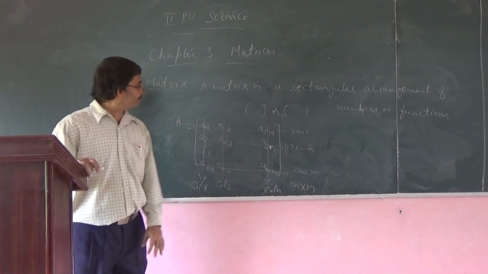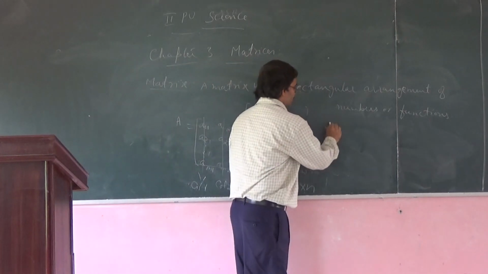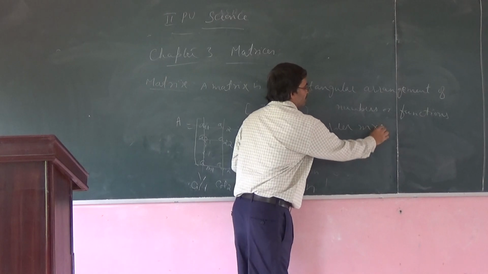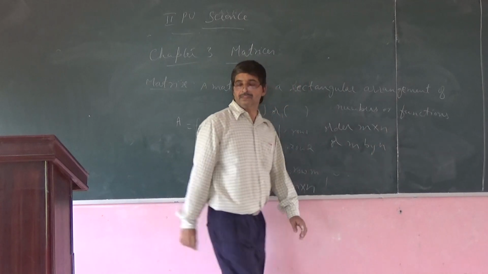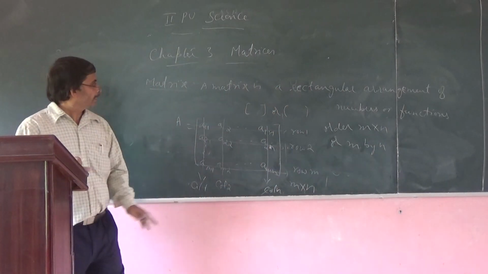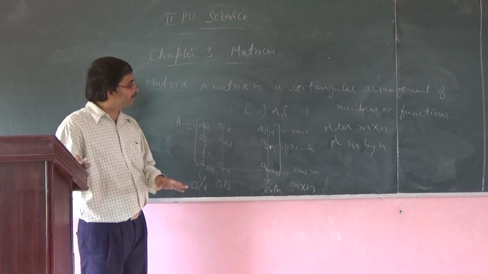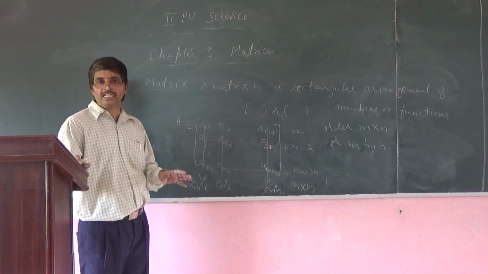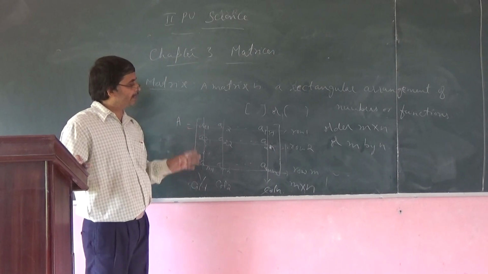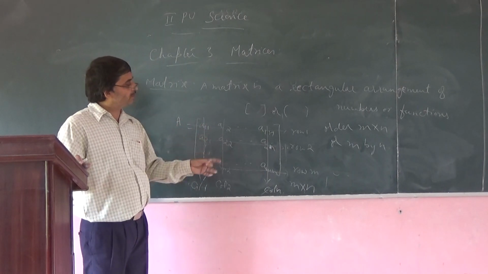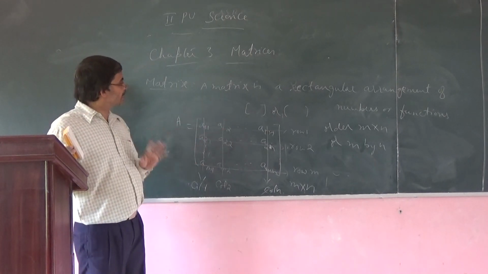We say the matrix A is of order m cross n, or m by n. A matrix will be of order m by n if it has m rows and n columns. The number of rows is specified first, m, and next the number of columns. So that is the generalization.